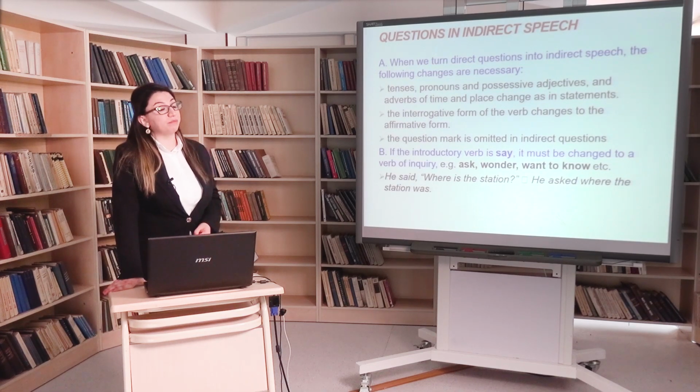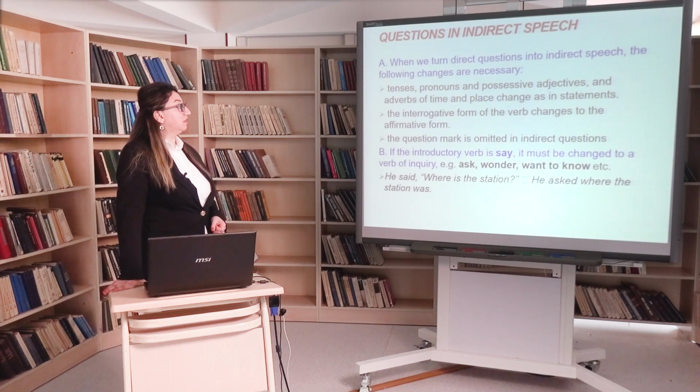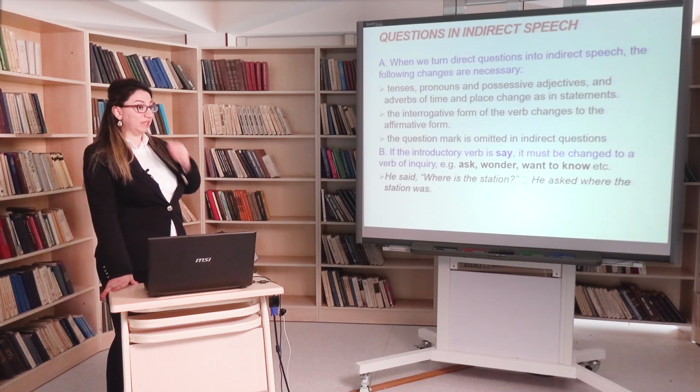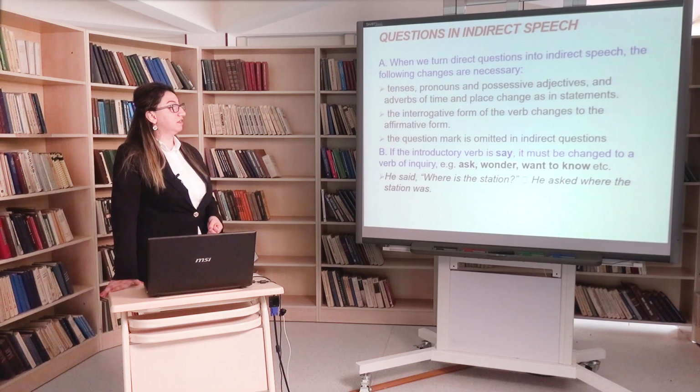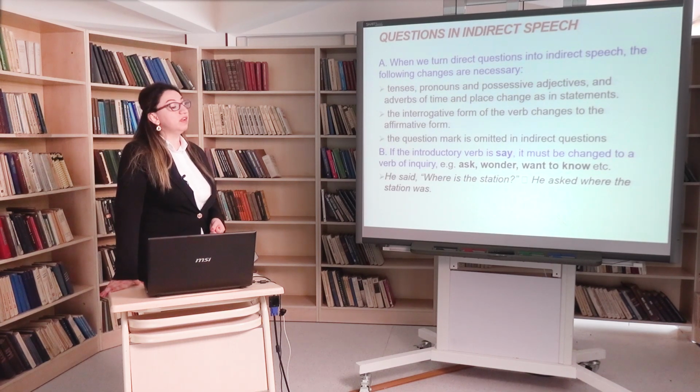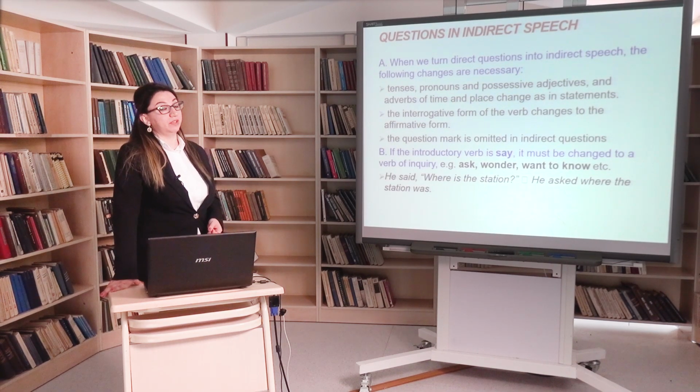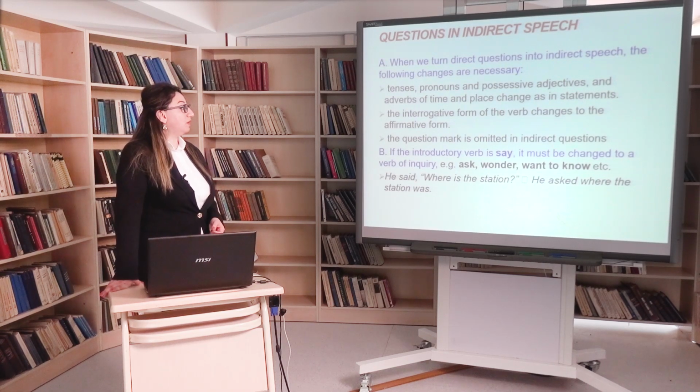Initially, tenses, pronouns, possessive adjectives, and adverbs of time and place can be changed. The next one, the interrogative sentence and the form of the verb are changed to the affirmative form. Last one is that the question mark and quotation marks are omitted in indirect questions.